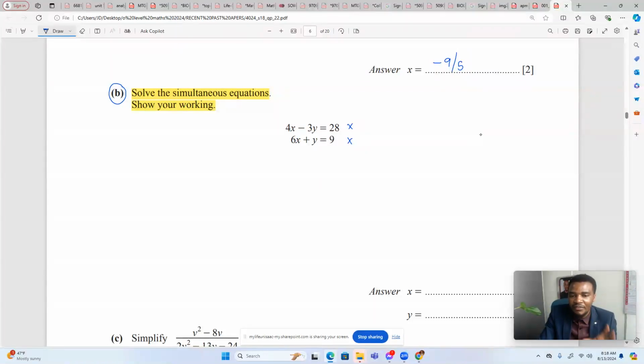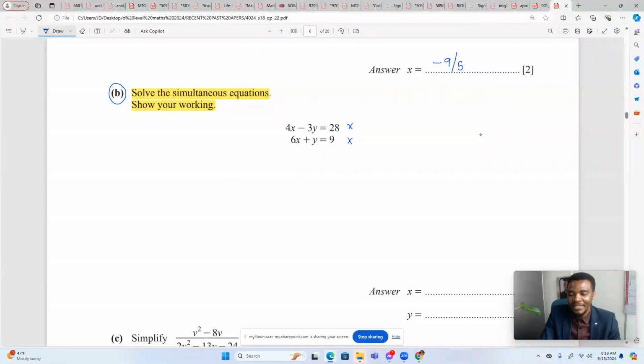To solve these two simultaneous equations using the elimination method, the first thing we have to do is think of a variable to eliminate. Do we want to get rid of y or do we want to get rid of x? The choice is up to you. As I'm teaching you right now, the concept is the same. Let's get rid of x.